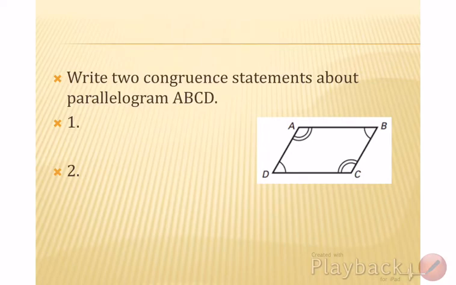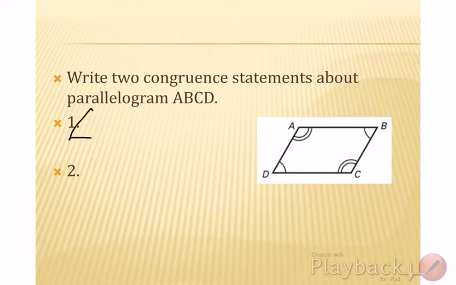So write two congruent statements about this parallelogram. What information are we given? It's information about the angles. And what angles have the same symbols?